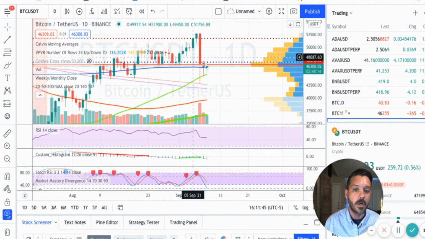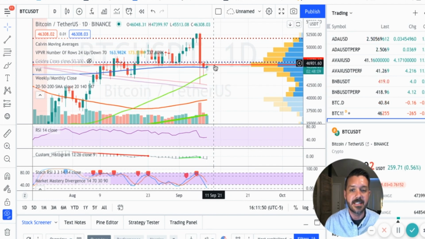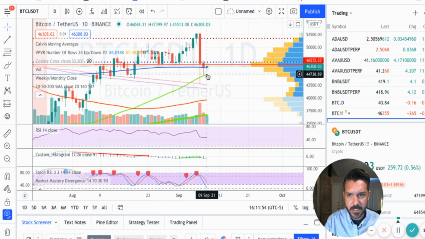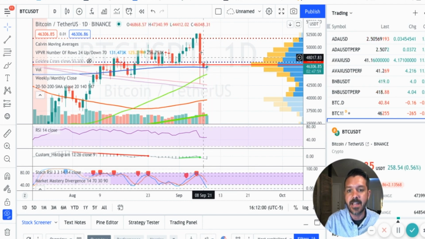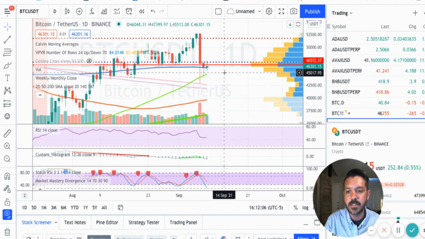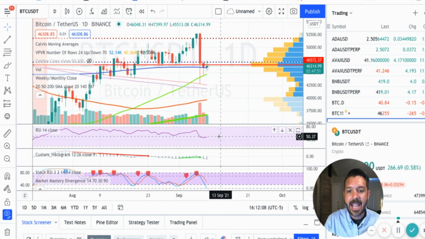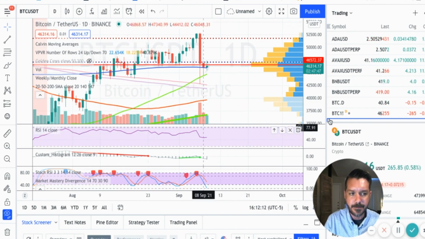Because remember, once we fall through support, on the way back up, it becomes resistance. You can see the 50-day moving average is providing a little bit of a bounce here. And so we can just be cognizant of that. After this flash crash, you can see we bounced on, I believe this is the 20-week moving average. And then down here, I've got the RSI.